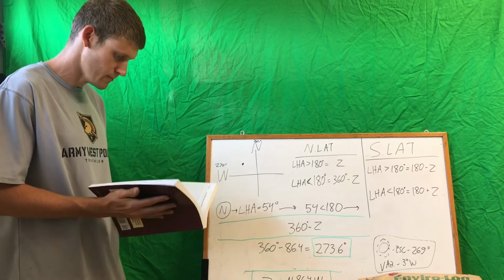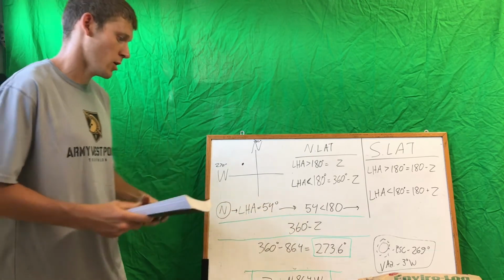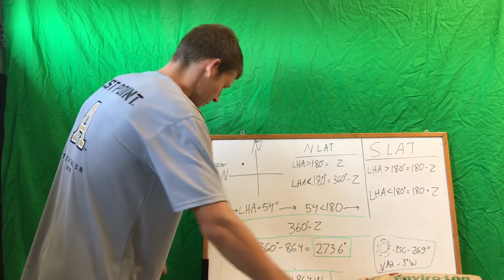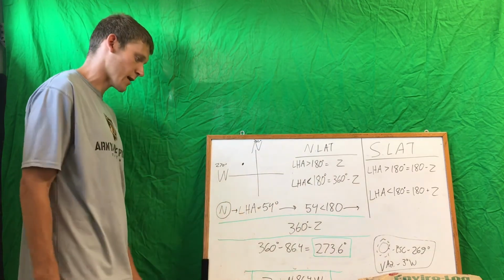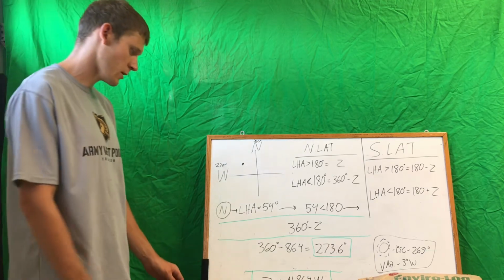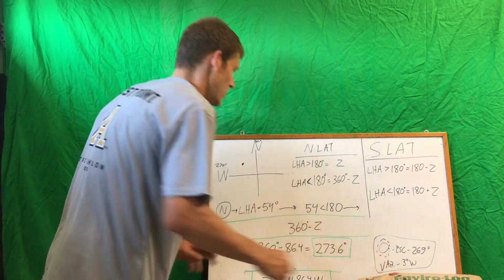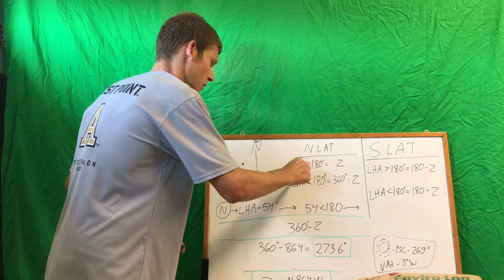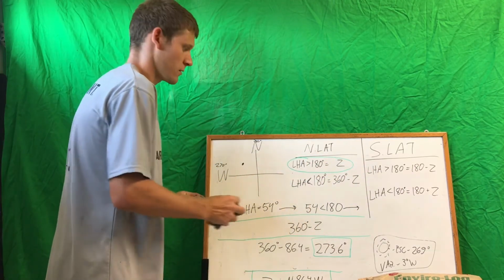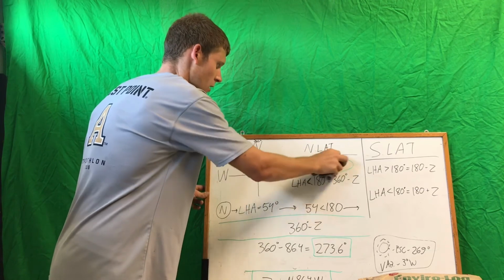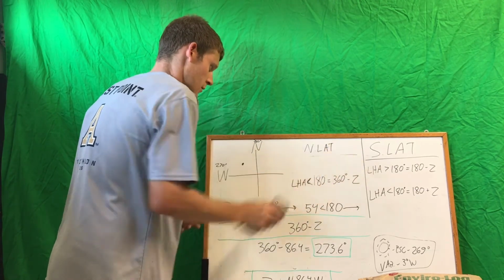Something you need to know, because remember our LHA when we solved it was 54, and we were in the northern latitude. So that means we fall into this category.